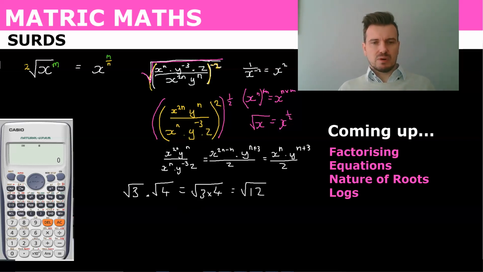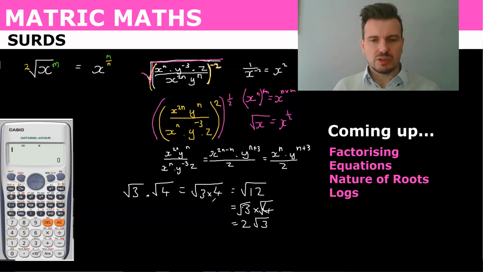So I can multiply whatever is inside. When you simplify roots, 12 is technically 3 times 4 individually, and the square root of 4 is 2. So what you'd see is 2 root 3. So that's how surds work.